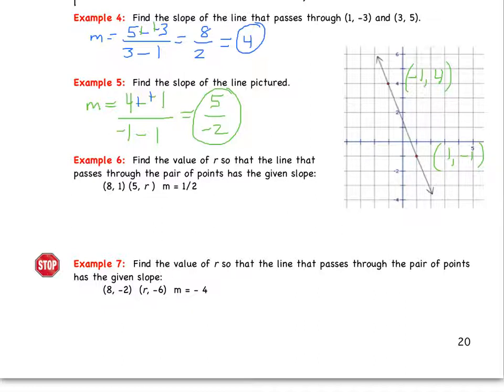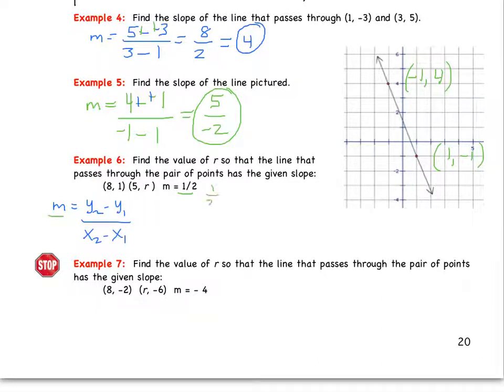All right, now let's look at example 6. Find the value of r so that the line that passes through the pair of points has the given slope. Well, looking at our formula, we know our slope is equal to y2 minus y1 over x2 minus x1. So now all we have to do is make a substitution. So instead of m, we've got 1/2.